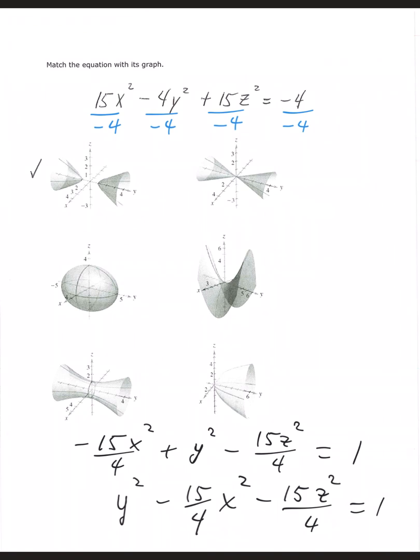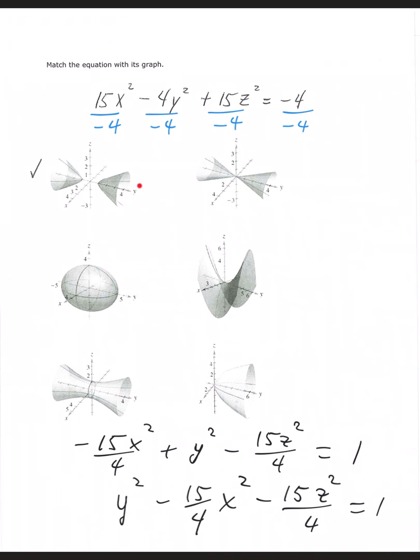The axis of the hyperboloid will correspond to the variable whose coefficient is positive. There is no trace in the coordinate plane perpendicular to this axis, so the y-axis is the one along which all the action happens.